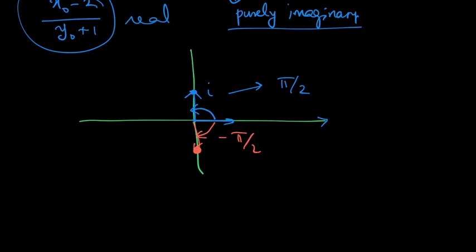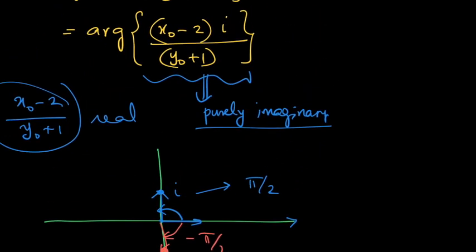So the idea is this: the argument of a purely imaginary number lying on the positive y-axis is plus pi by 2, and the argument of a purely imaginary number lying on the negative y-axis is minus pi by 2.